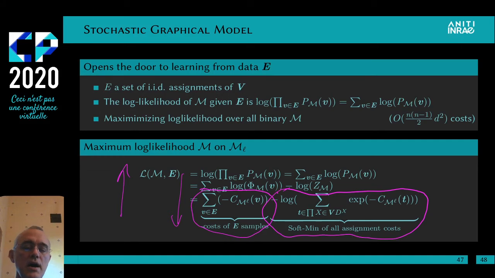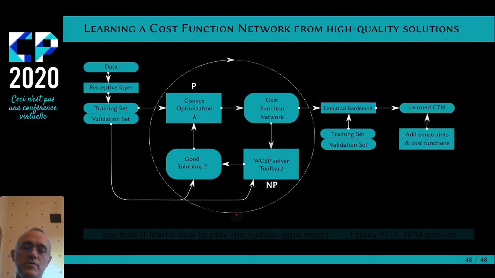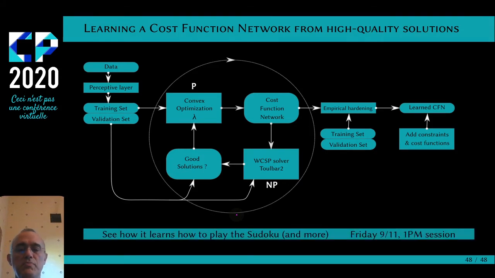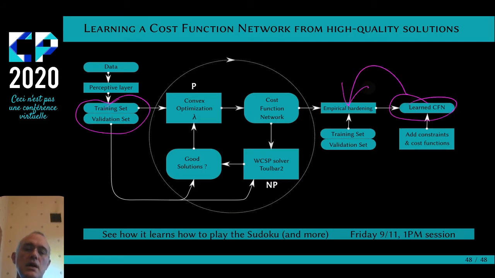So you are giving a lower cost to the high quality assignments, which makes a lot of sense if you want to learn a cost function network from data. And so we have a paper in CP2020 that shows how this works, how it can learn, for example, to play the Sudoku, going from a training set up to a learned CFN, including constraints, just from data. And if you're interested, you can go to this session on Friday. Thank you very much.